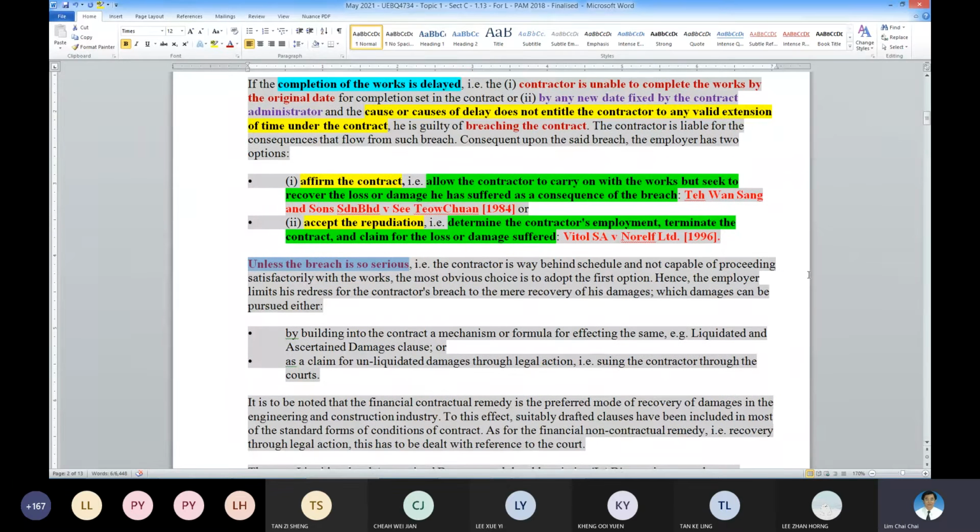So serious breach, because the contractor is way behind in proceeding with the work and not capable of proceeding steadily with the work, the most obvious choice is to adopt, actually number 2, the second option, repudiation.